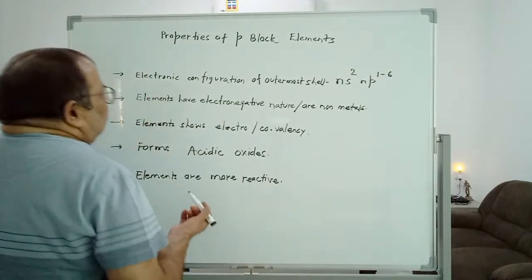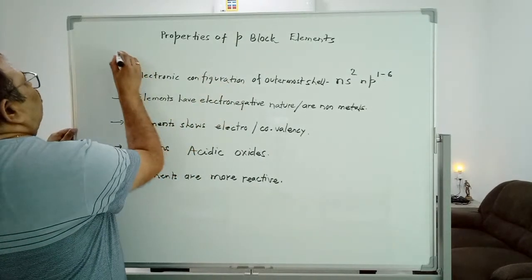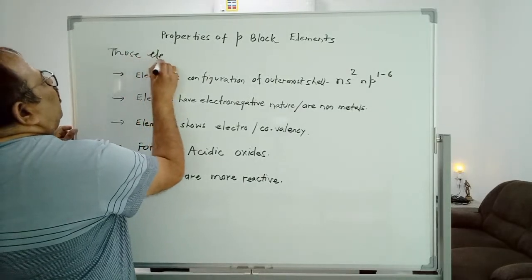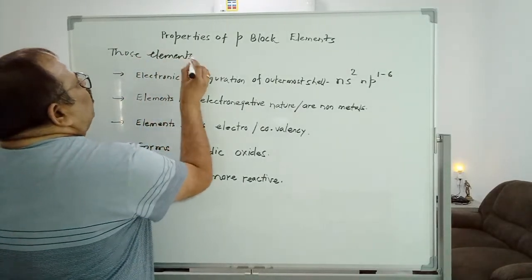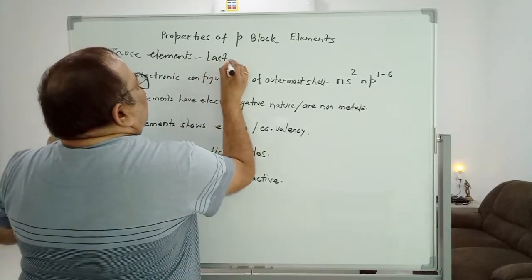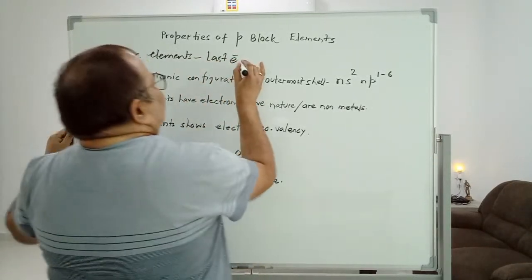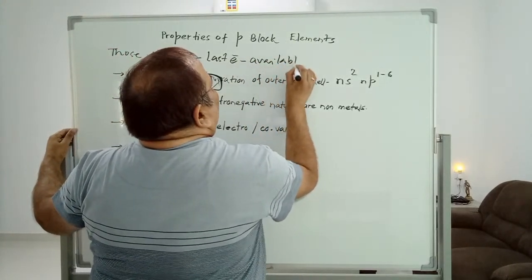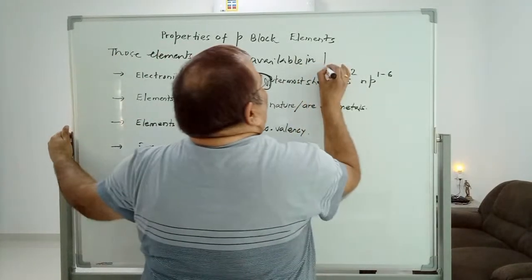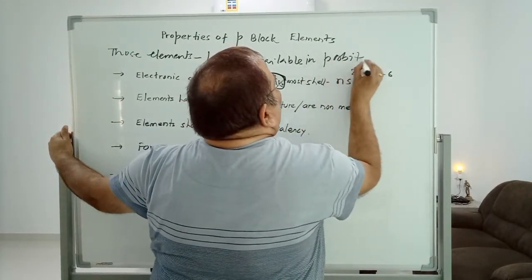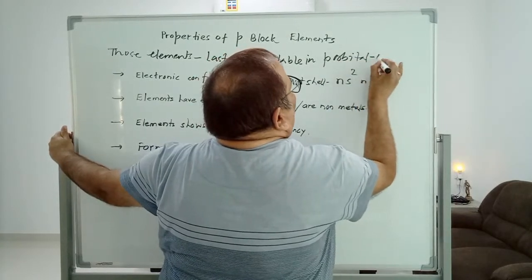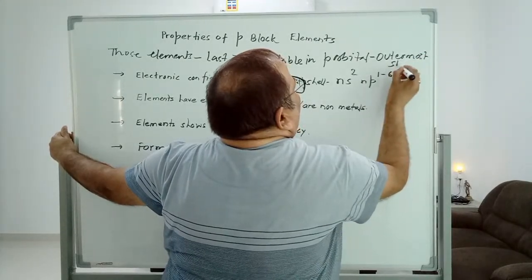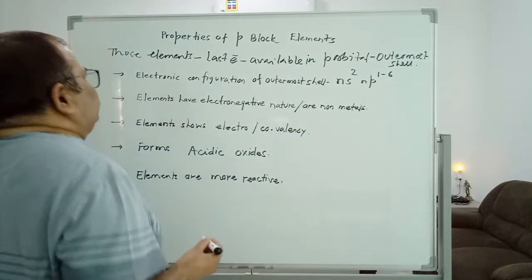To understand this well, we must understand those elements whose last electron is available in the p orbital of the outermost shell.